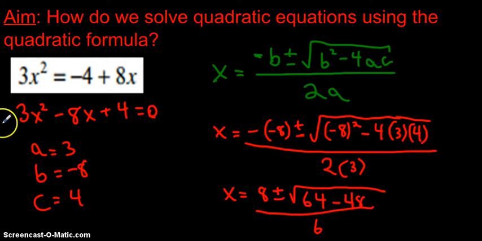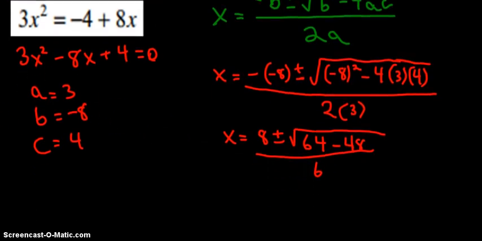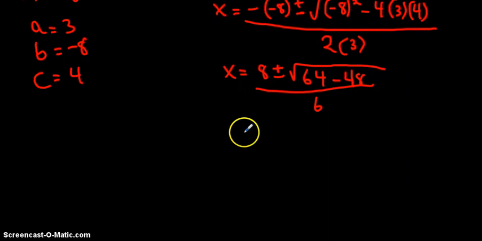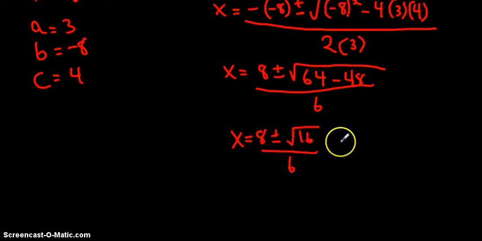Alright, so I'm going to move down just for space. Alright, so we have x is equal to 8 plus or minus the square root of 16 over 6, which means x is equal to 8 plus or minus 4 over 6.